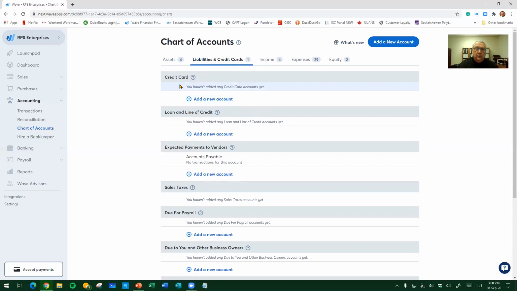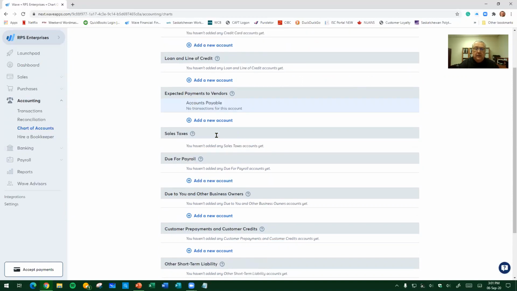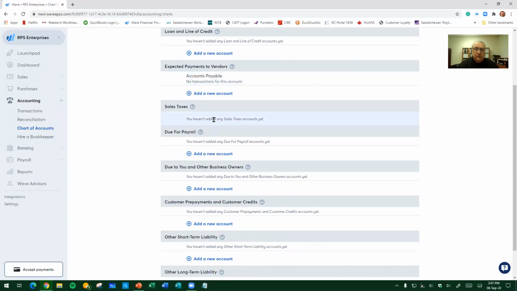Liabilities, you may have a credit card, which you're using for the business. It's a very specific type of liability. You may have a loan or line of credit, very specific type. Mostly you're going to have accounts payable, which again, just like receivables has been set up for you. You may choose to enroll to charge your customers GST and PST, and so you'll need to set up a sales tax account, and we'll do that in a future episode.